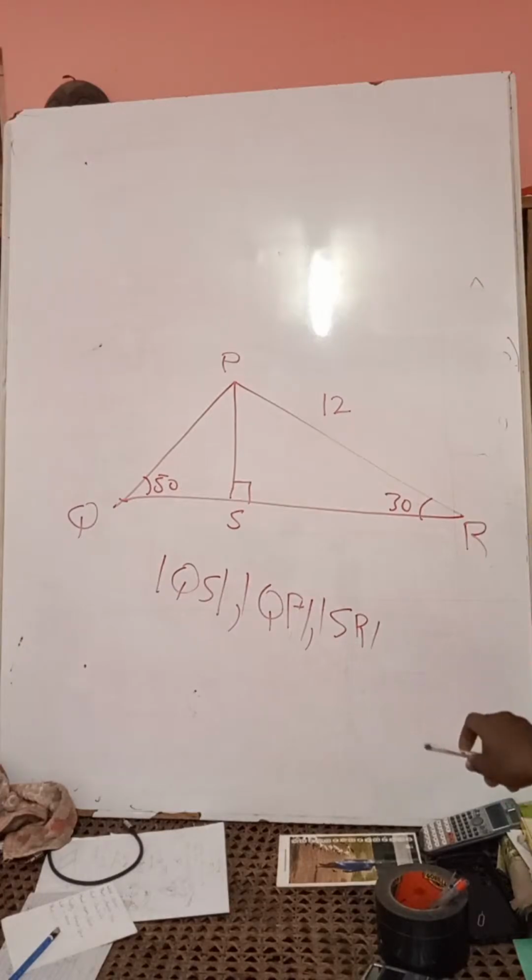I didn't see QP is equal to this. Okay, good. Fine. So please, your presentation matters. Your presentation matters a lot. You can write, QS is this, then I'll say, okay, your answer is correct. Your answer is correct. That's all.